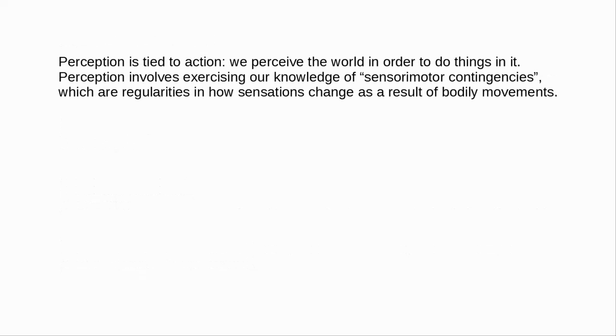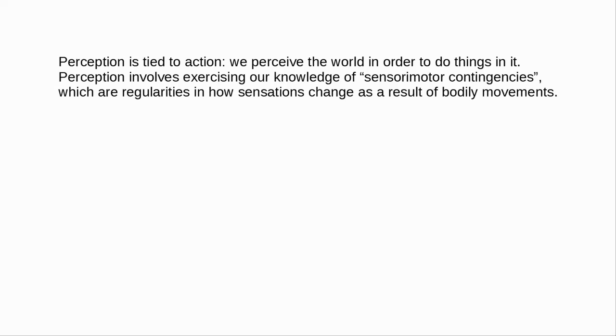And in particular, the idea is that perception involves exercising our knowledge of what are sometimes called sensory motor contingencies, which are regularities in the way that sensations change as a result of bodily movements. As I move towards a black object, for instance, my visual sensations will change in regular, predictable ways. The blackness will increasingly fill my visual field, and the blackness will occlude more objects previously in my visual field.